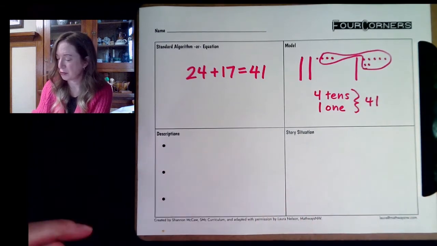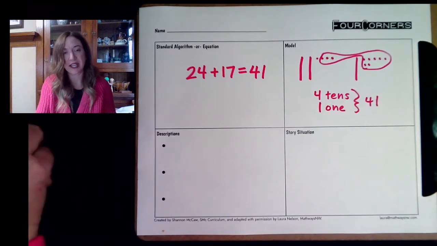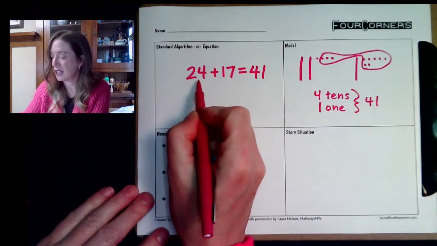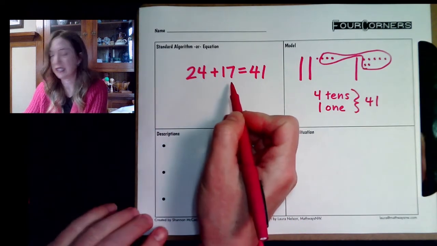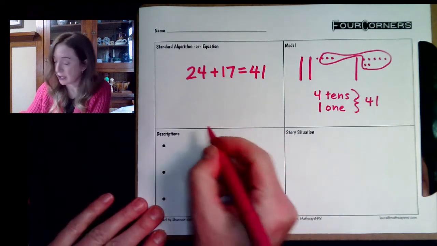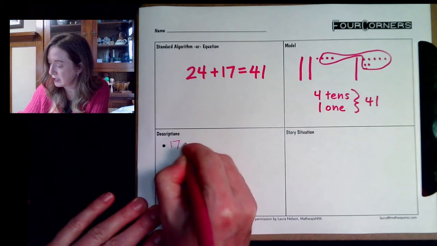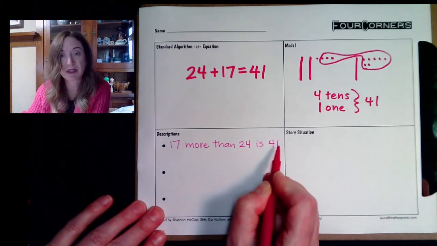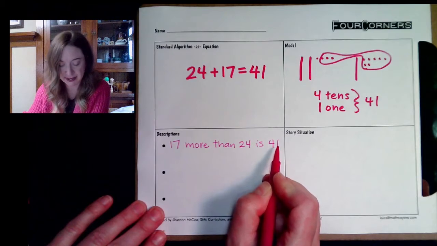Now for the descriptions. This time I want you to think how many ways you can say 24 plus 17 makes 41. One way I can think of is I might say that 17 more than 24 is 41. That makes sense.